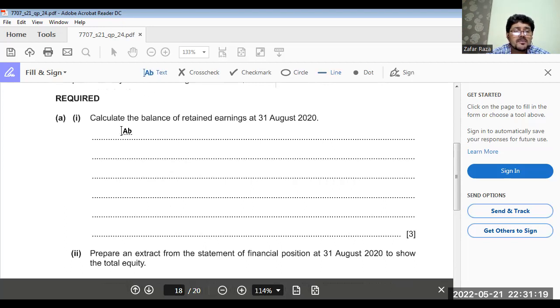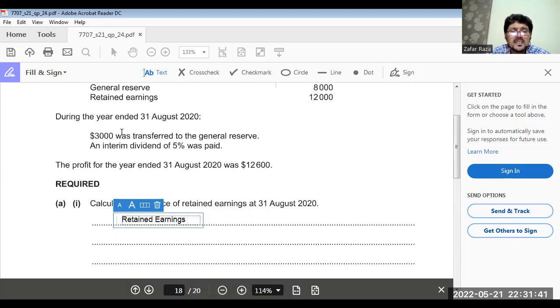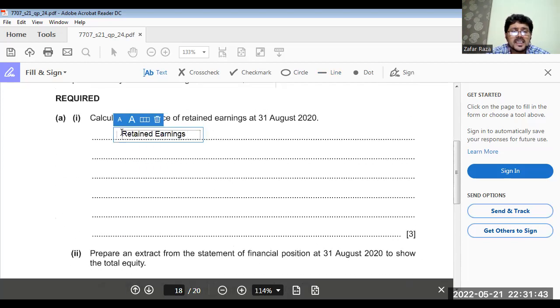So what we do, we write here retained earnings. Spelling will be earnings. Retained earnings on 1st September 2019.